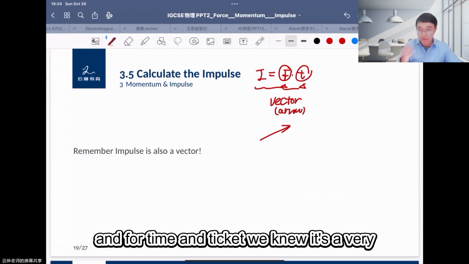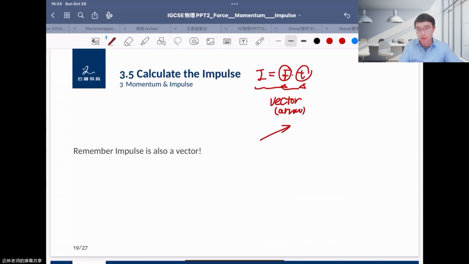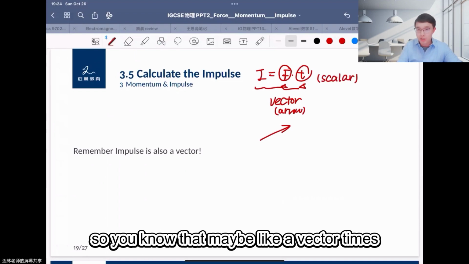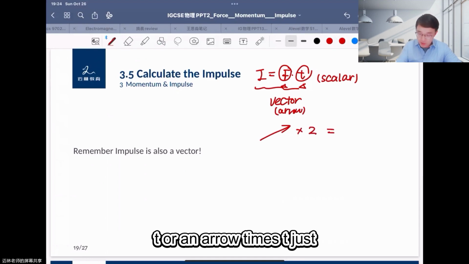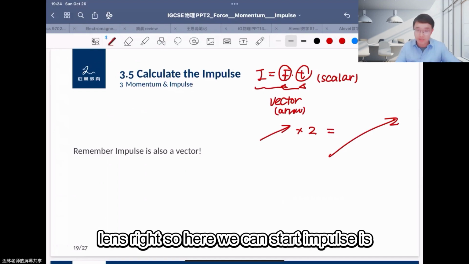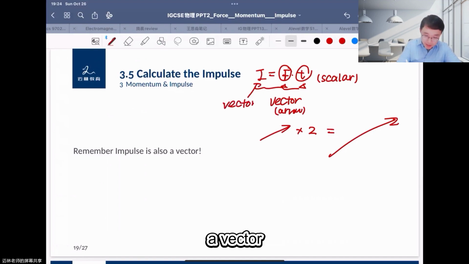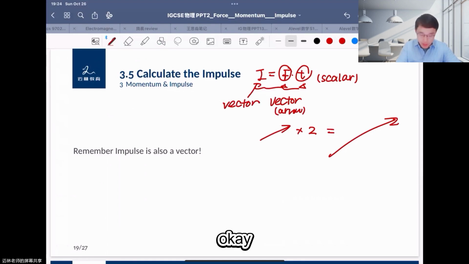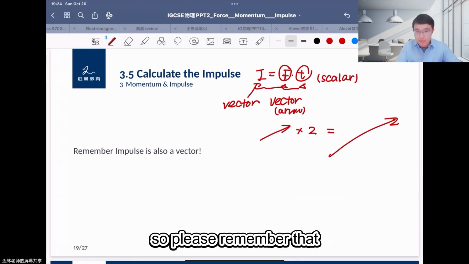And for time taken, we know it's a definite scalar, right? So here is a scalar times a vector. So a vector times 2, or an arrow times 2, also equals an arrow. We just double the length, right? So here we can say impulse is a vector. Okay, so here you can calculate the impulse this way. Please remember that impulse is also a vector.